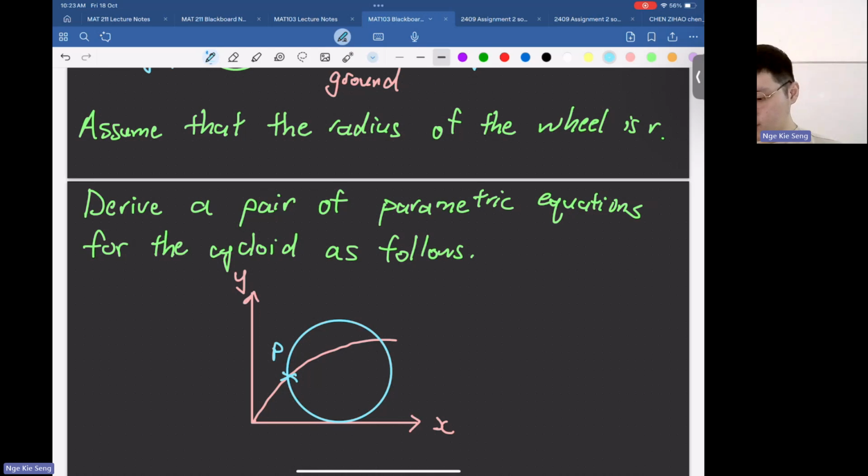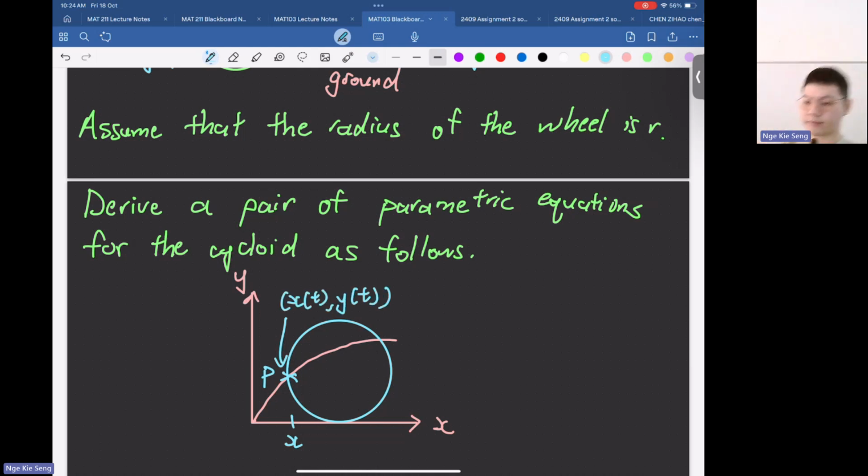I need to figure out what's the x and what's the y at this point. Let's put P here, and call this point (x(t), y(t)). We need to figure out, depending on t, what this x and y are.